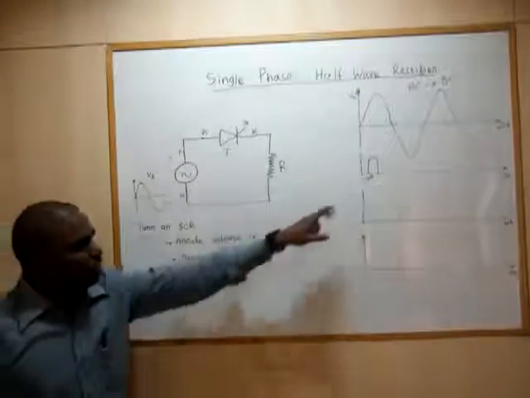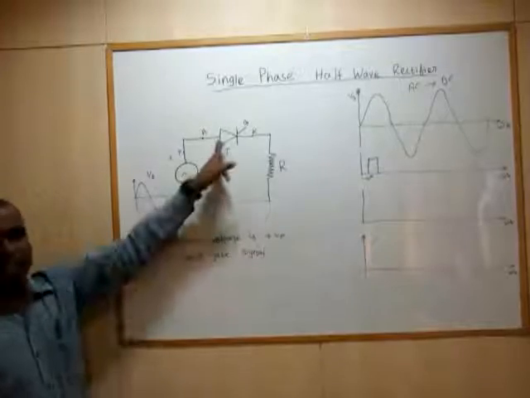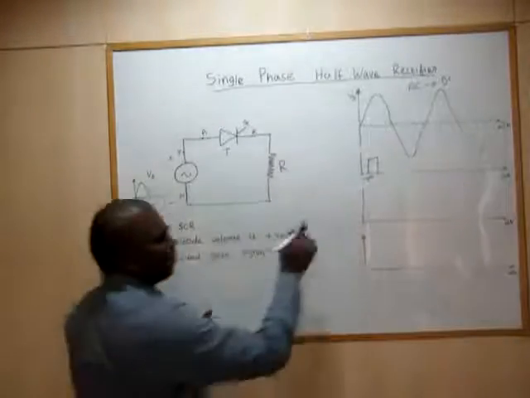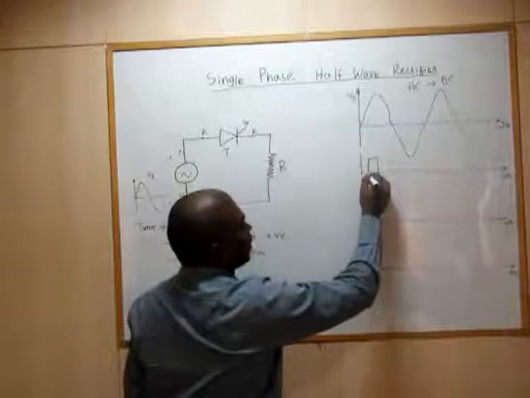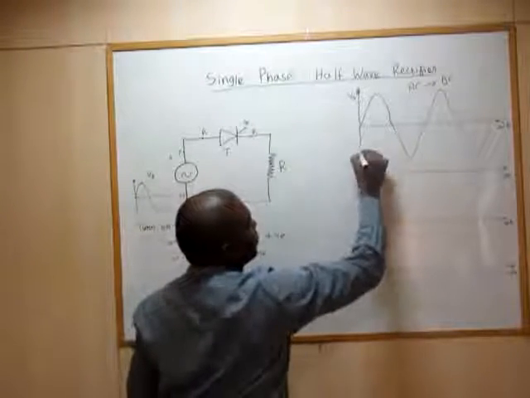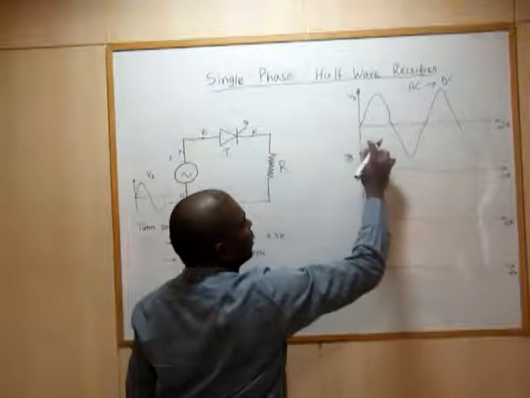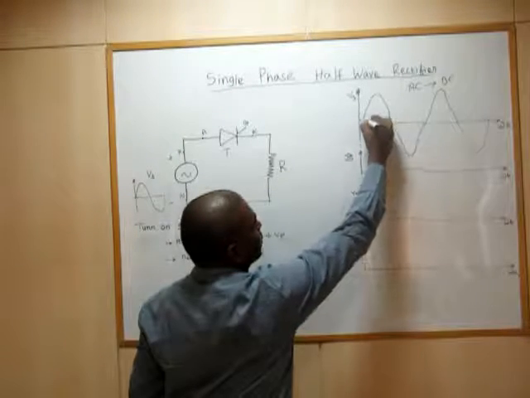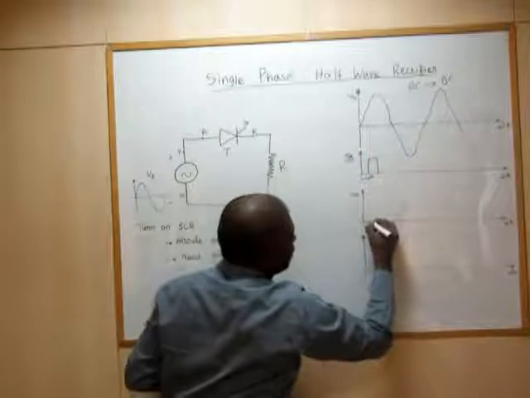While applying the gate signal, the SCR will conduct. Now the input voltage appears across the load. At the instant we apply the gate signal IG, the output voltage is equal to the input voltage.